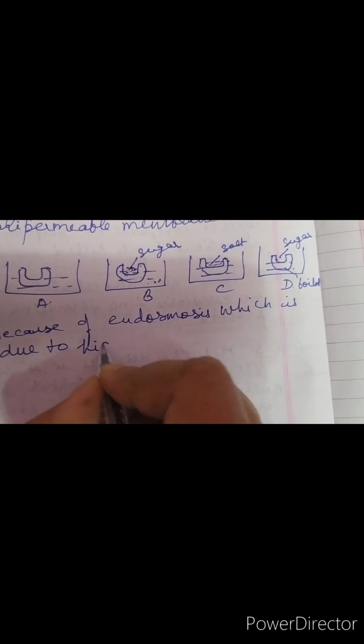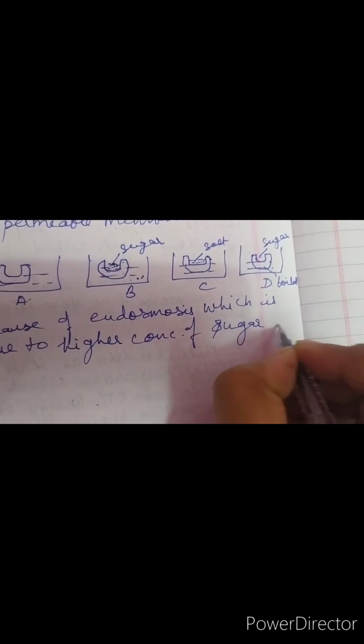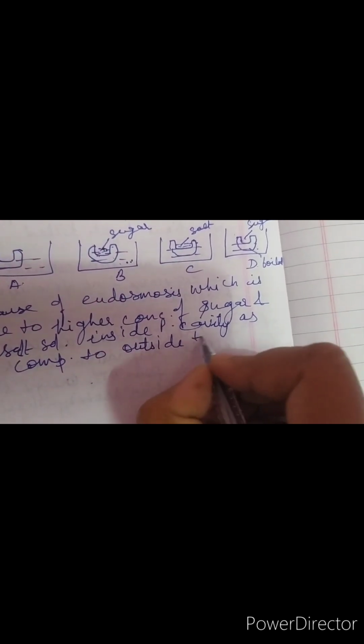That is because of endosmosis, and that is in turn because of the higher concentration of sugar and salt solution inside the potato cavity as compared to outside the potato. Okay, so this is basically because of endosmosis.